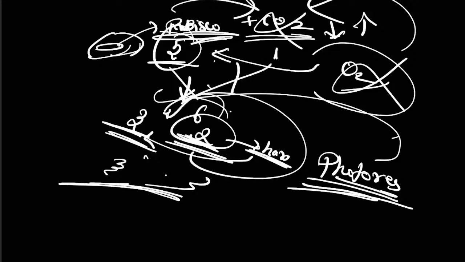So what do you think of this photorespiration process? Tell me. In photorespiration, this glycolate will be entering into a peroxisome, and an enzyme there oxidizes this glycolate compound into another compound.